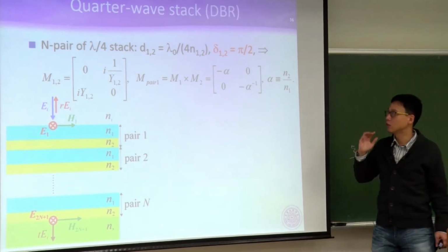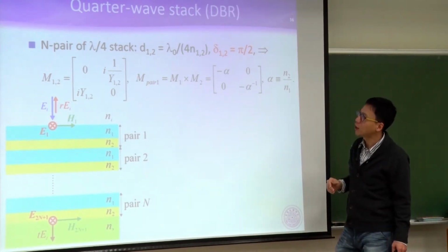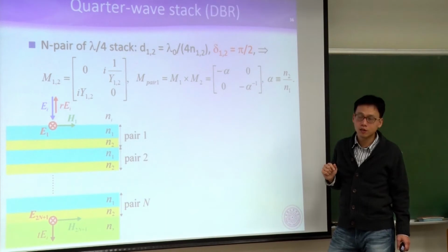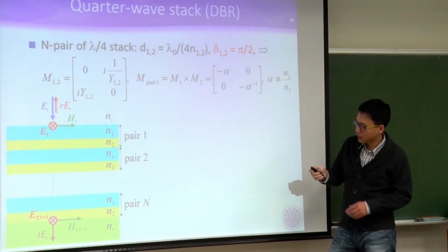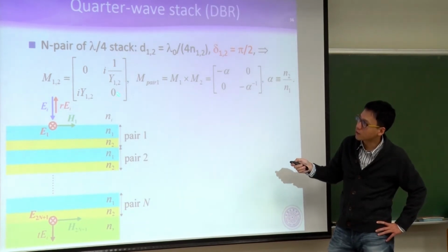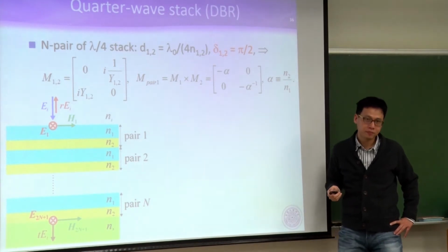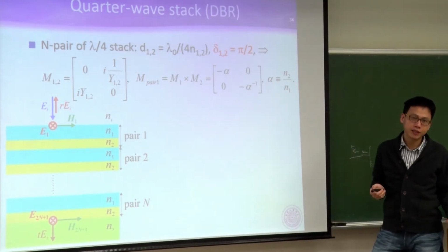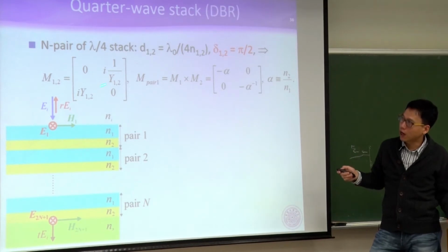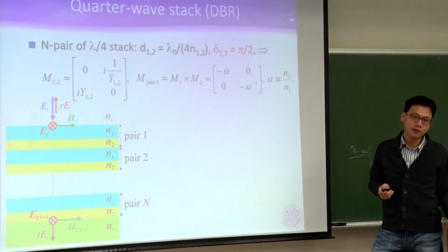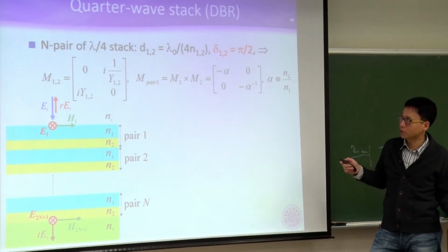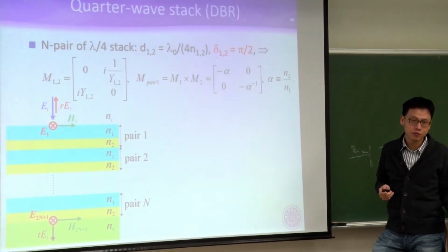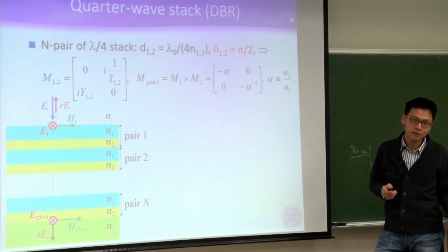If the delta equals pi over 2, you can check the matrix formula. You can see 2 elements should be 0. And the other 2 are purely imaginary. And the magnitudes are in reverse with each other. That's the characteristic you can have by setting the phase shift equals 90 degrees.